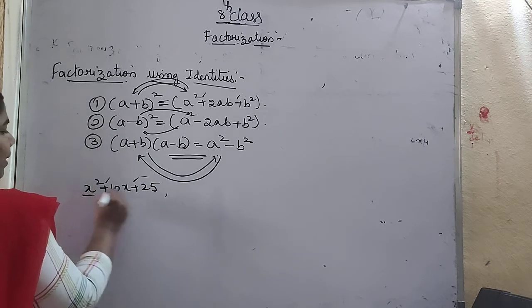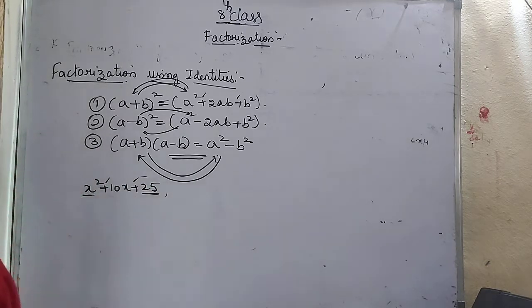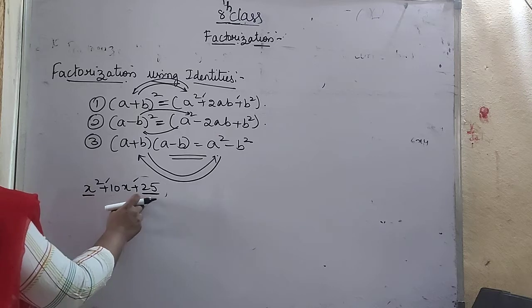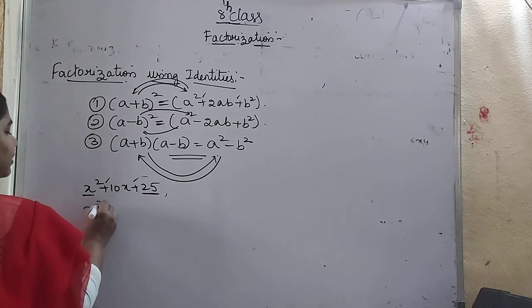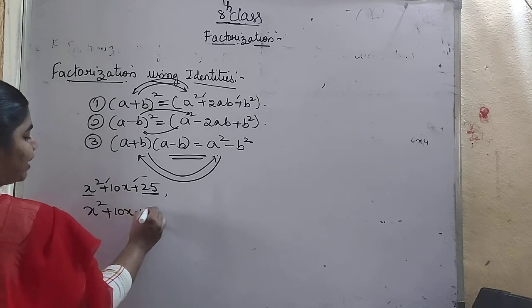Here the first term and the last term are in the form of squares. This is x square, and 25 can be written as 5 square. So we can write x square plus 10x plus 5 square.